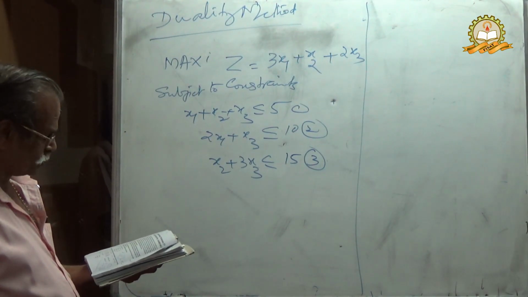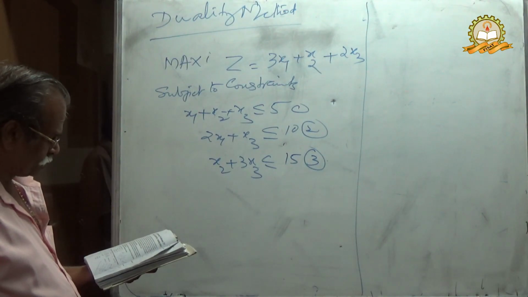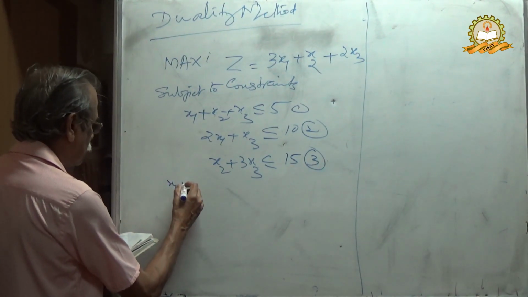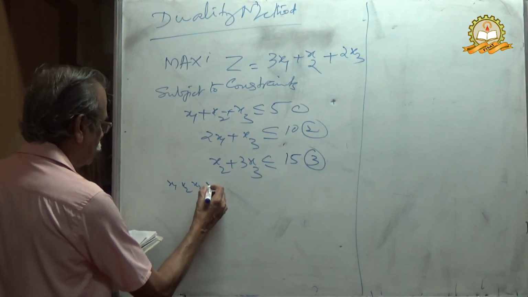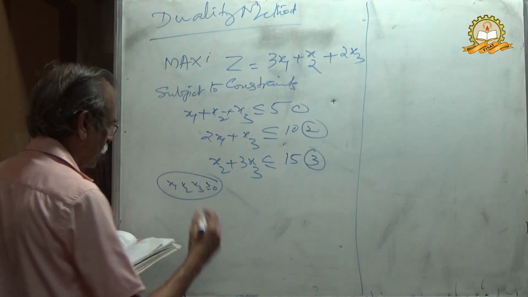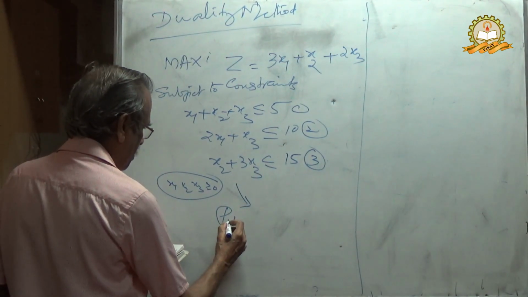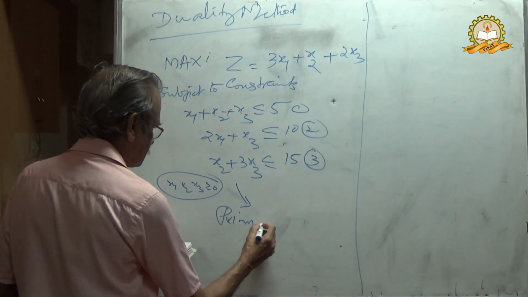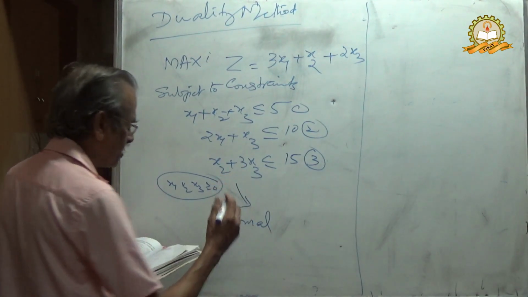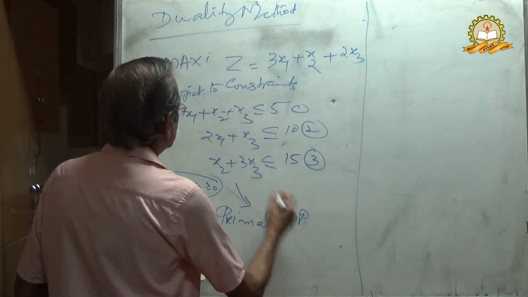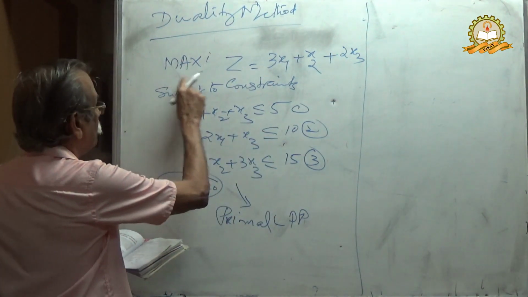And x2 plus 3x3 less than or equal to 15, and x1, x2, x3 greater than or equal to 0. This is the given primal LPP.